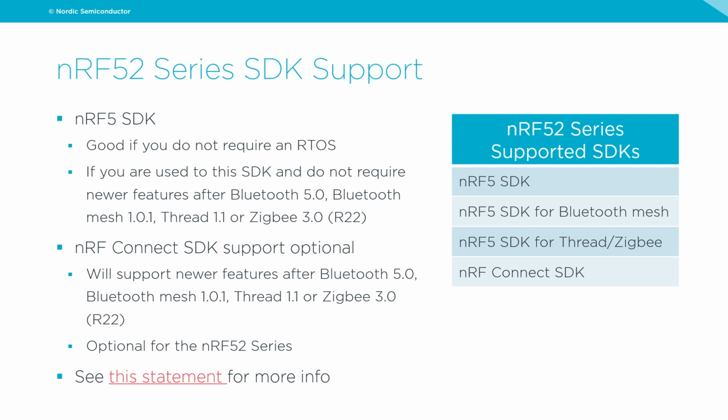But if you do need newer features, then we definitely recommend using the NRF Connect SDK. The NRF Connect SDK will support newer features after Bluetooth 5, Bluetooth Mesh 1.0.1, Thread 1.1, or Zigbee 3.0. If you're just getting started with development now, it's definitely a good idea to start with the NRF Connect SDK. And if you have any more questions about that for the NRF 52 series, we have a statement on DevZone for more information.